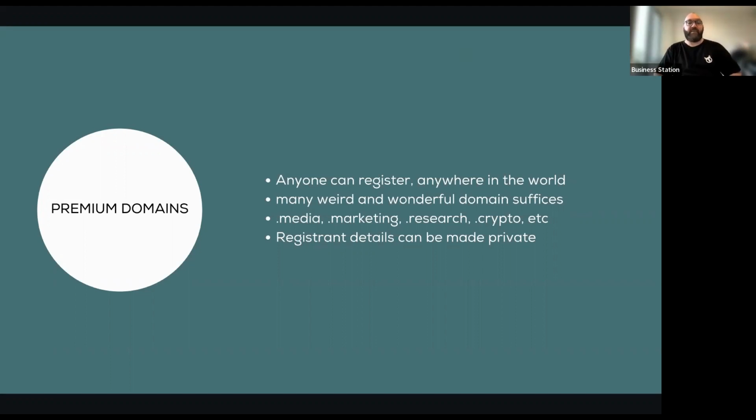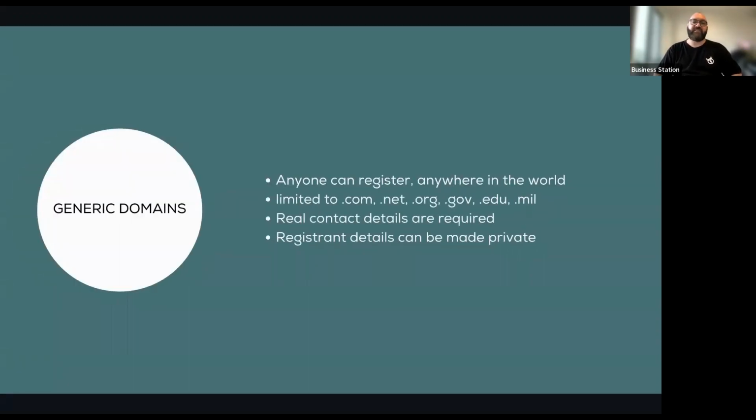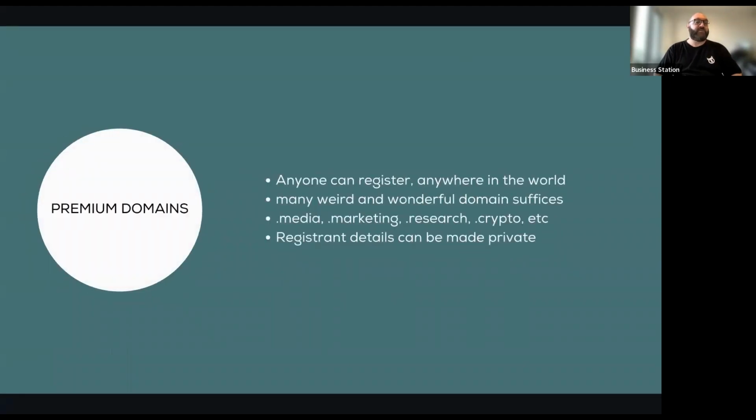So premium domains can be less than a generic domain. For instance, at a bulk price, I will look at these generic domains and can buy those between $9.90 a year up to about $20 a year, depending on the different registrars you'll use. Sometimes $36 or something like that for a .com, .net, or .org. When you get into these premium domains, some of them are very premium.